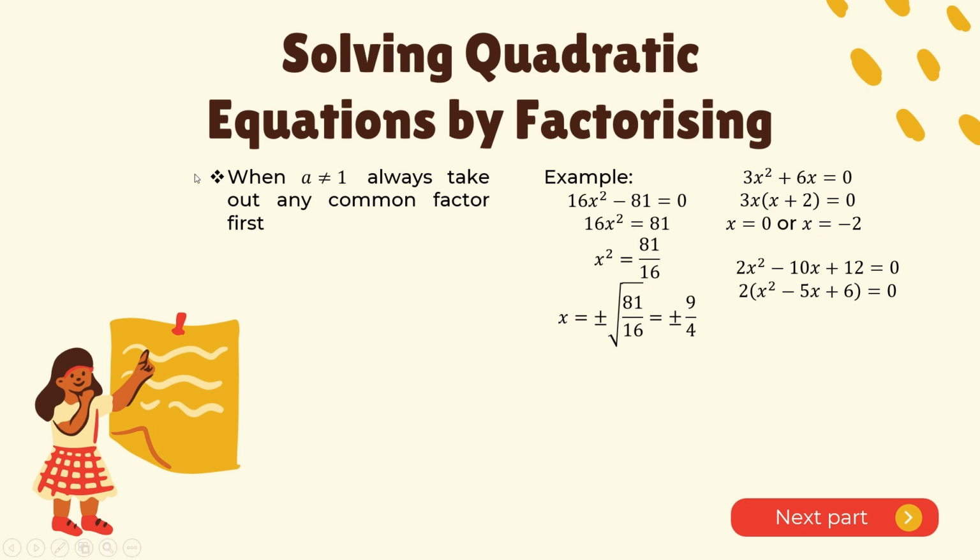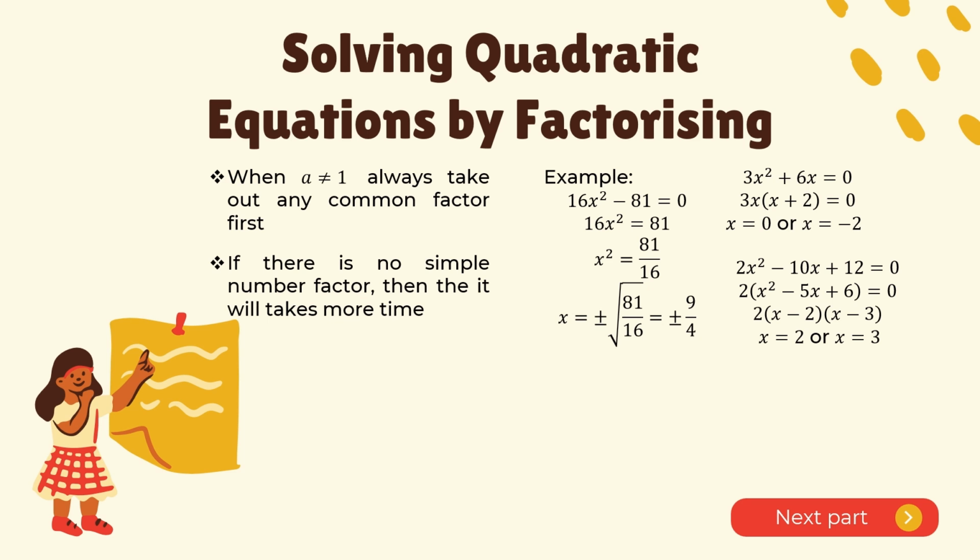To solve this, we need to find two numbers that multiply to 6 and add to negative 5. The numbers are negative 2 and negative 3. So we get 2 times x minus 2 times x minus 3 equals 0, and x equals 2 or x equals 3.